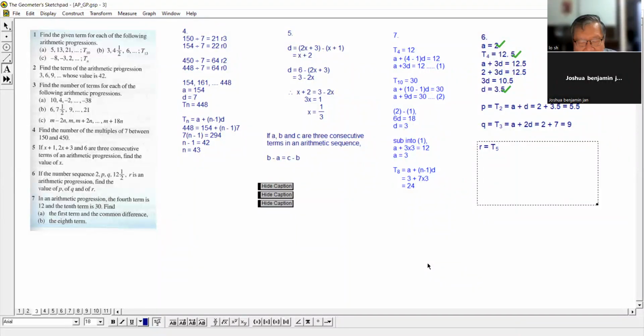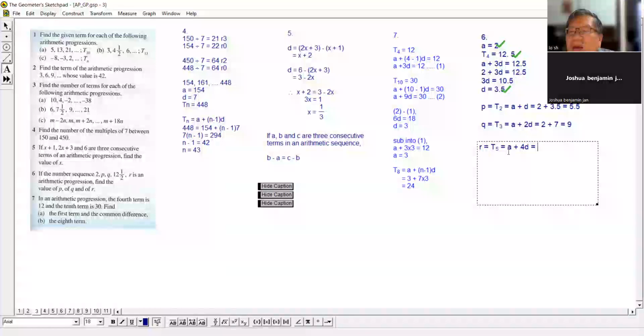Now, according to our formula, what is T5? According to the formula, A plus 3D, sorry, wrong, not 3D. T5 is how many D? 4D, correct. What is the value of A?